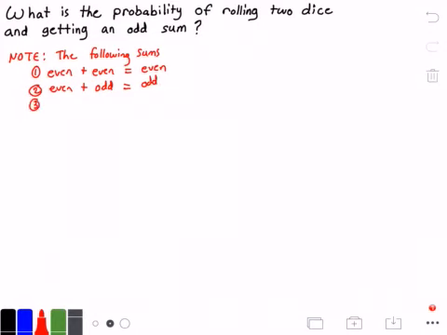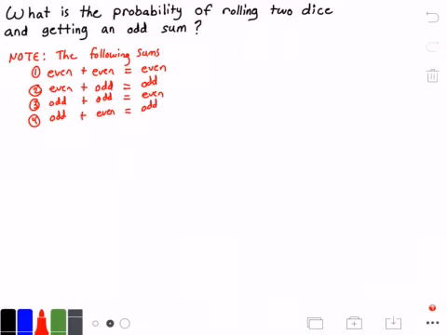And three, an odd number plus an odd number gives us an even number. And the last sum is an odd number plus an even number gives us an odd number.